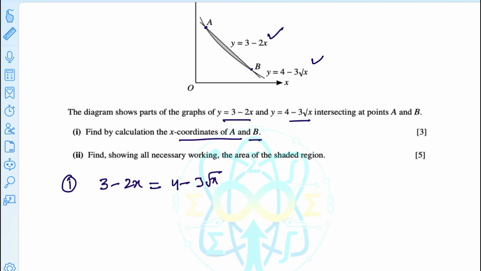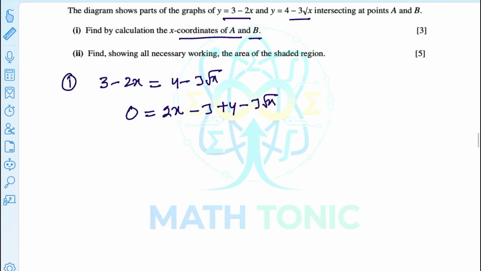Rearranging, it will be 2x minus 3 root x plus 1 equals 0. If you see this clearly, it's a kind of quadratic equation, with x and root x.